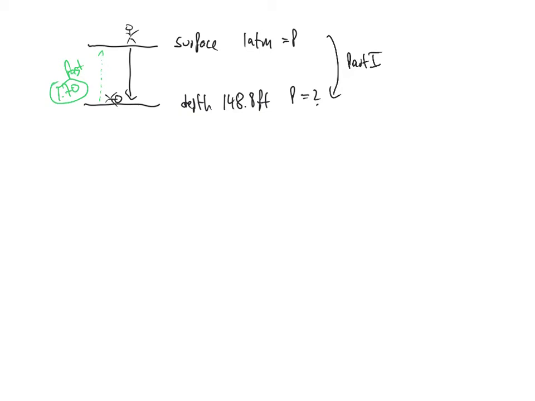So that's the ratio between, let's say, diving to here. So that's the pressure where you rupture, compared to the pressure at the depth that I calculated. So these two pressures, if that ratio is 1.7, then your lungs rupture.